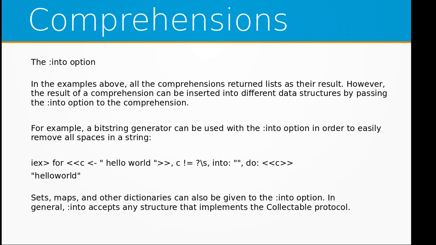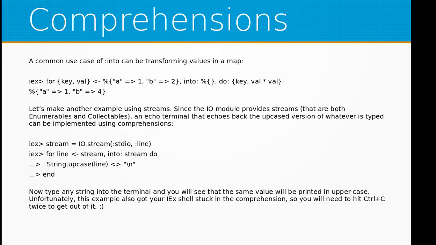Sets, maps and other dictionaries can also be given to the into option in general. Into accepts any structure that implements the collectable protocol. A common use case of into can be transforming values in a map.